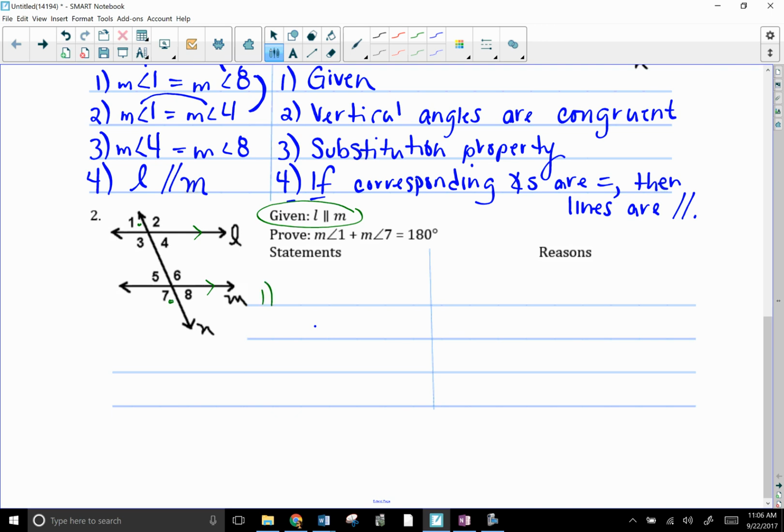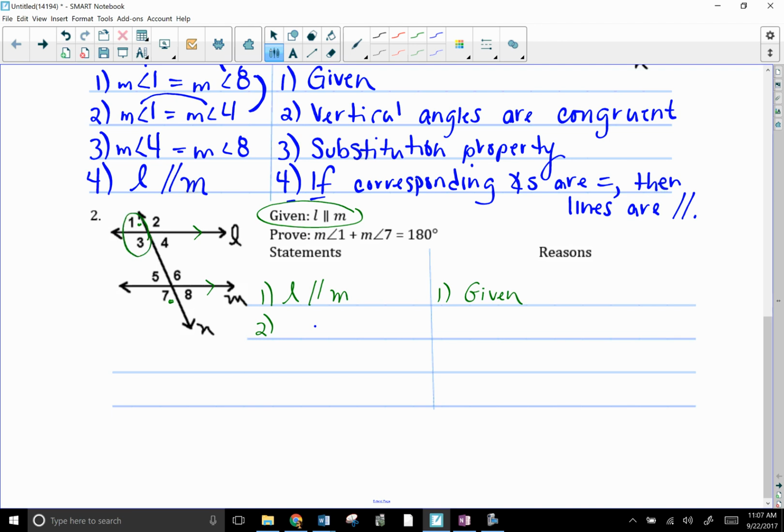Okay, so my given becomes the first statement and reason in my proof. Next, I want to use something about 1 and 7 that might be helpful. I'm going to use, let's see, that 1 and 7 need to add to 180. Well, I don't really know why that's true, but I know 1 and 3 add to 180, right?